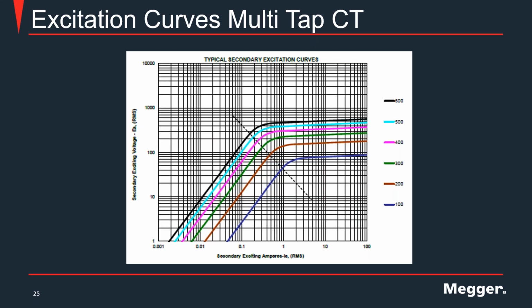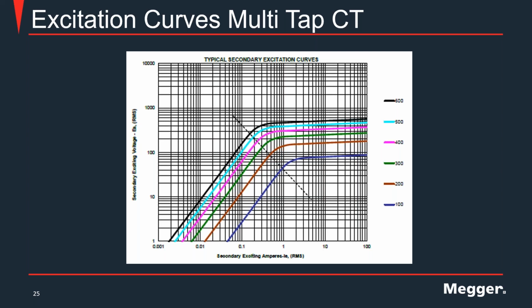In other types of CTs, you cannot. You have to determine that by test. Ideally, you would have a reference test with you, and you would compare that reference test with the result that you obtain in your test to see if the magnetization curve of the CT has or has not changed.